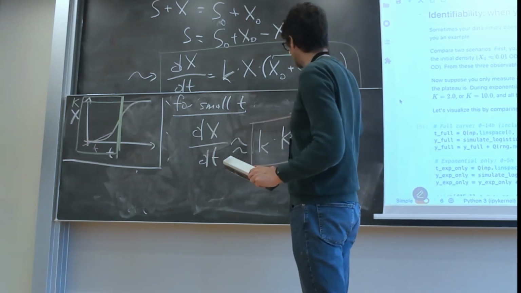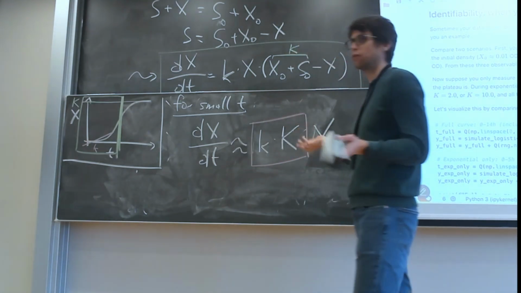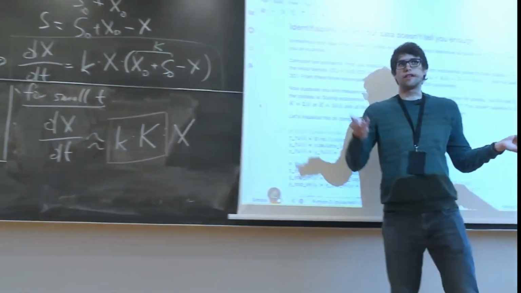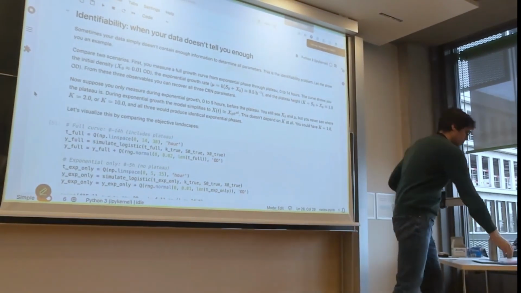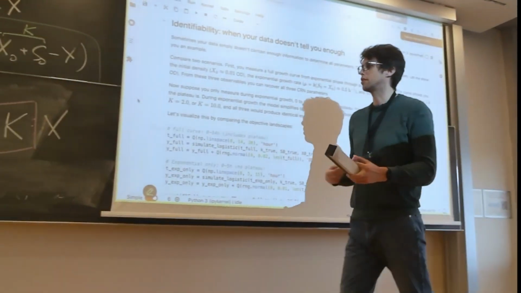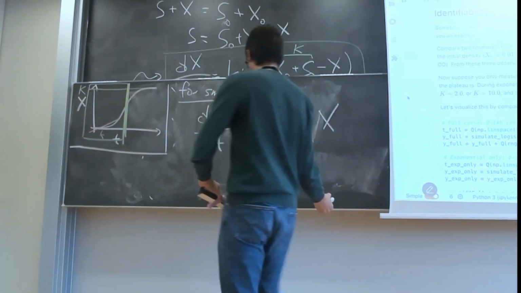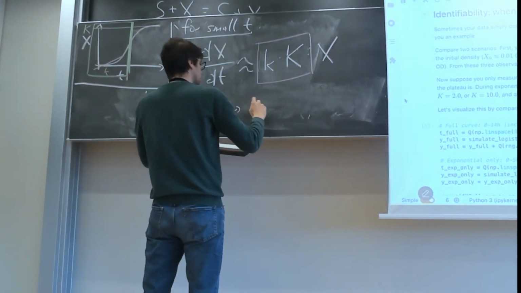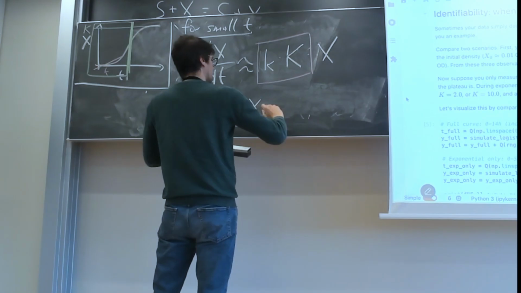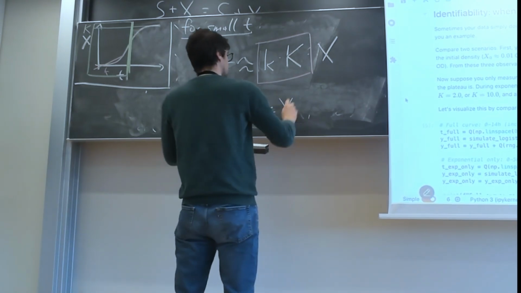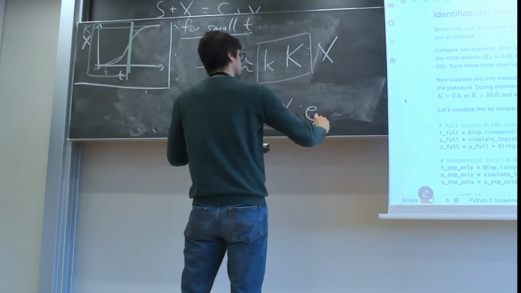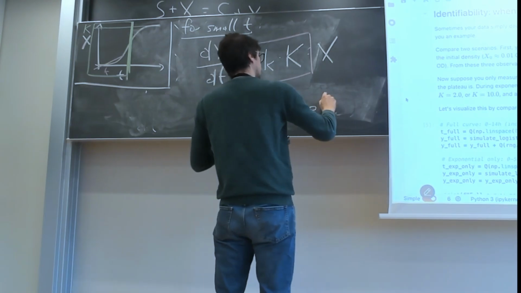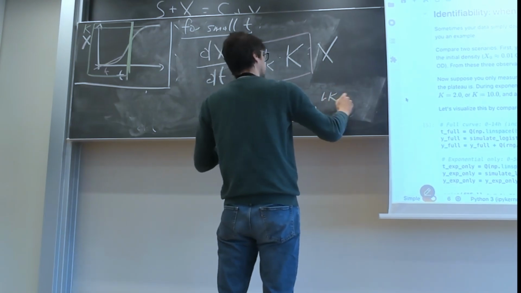And this product we can find out just by looking at the derivatives at the start. Because the solution to this, an approximate solution of course, will be x0 times e to the power k t.